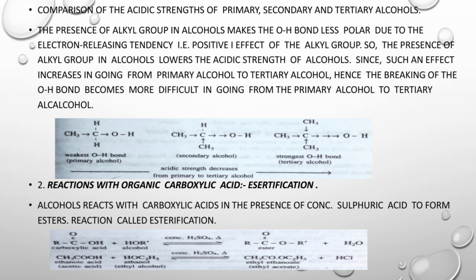As we know, in the previous comparison we also discussed that. So the presence of the alkyl group in alcohols lowers the acidic strength of alcohols, since such an effect increases in going from primary alcohol to tertiary alcohol.